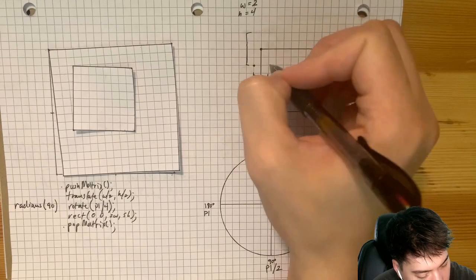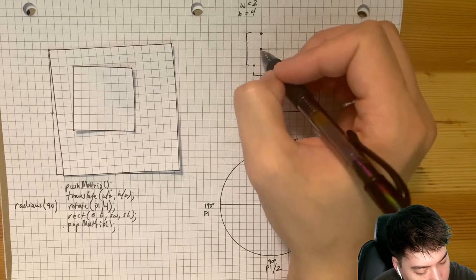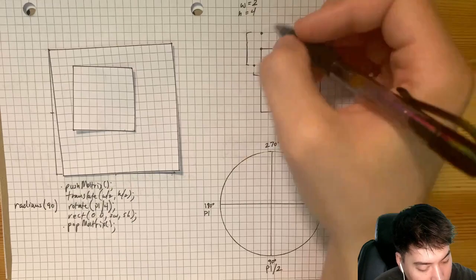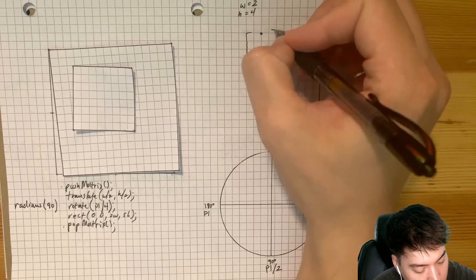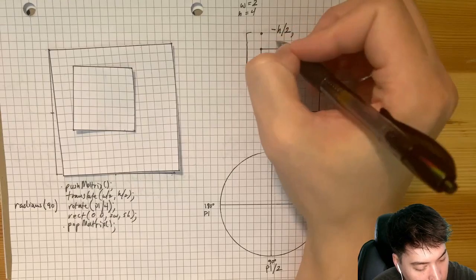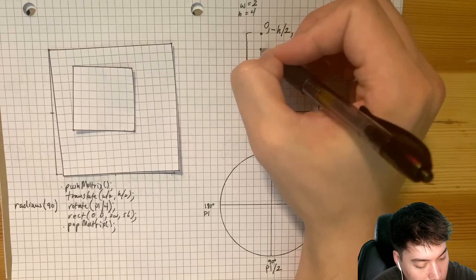So I know my points are going to end up here. My first coordinate is going to be negative shape height divided by 2. Sorry, that's the y coordinate, and the x coordinate is just 0, because I'm right here on the origin.